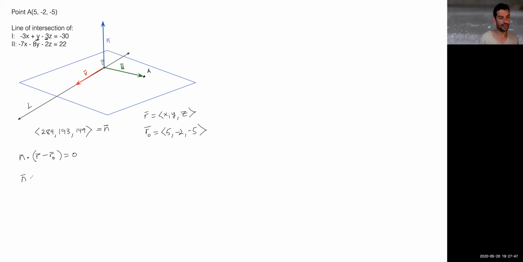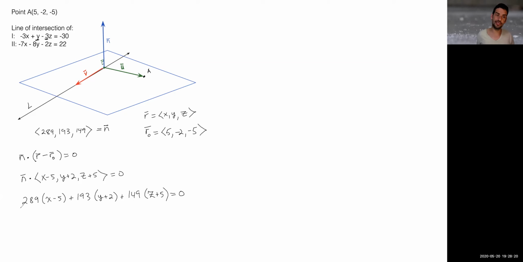So then this looks like n dot x minus 5, y plus 2, z plus 5 is equal to 0. If we compute this dot product, it's going to look like 289 times x minus 5 plus 193 times y plus 2 plus 149 times z plus 5 is equal to 0, right?